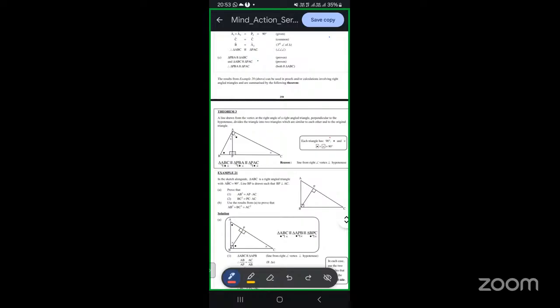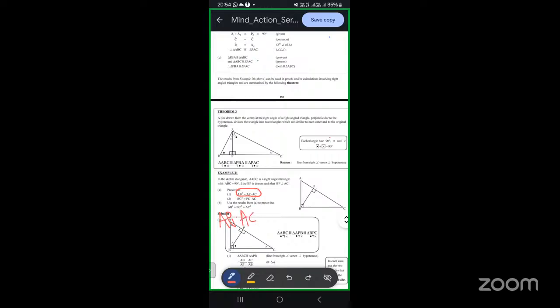We are required to prove that AB squared plus BC squared is equal to AC squared. Because we know what AB squared is in terms of other letters from number 1 here, we can write that AB squared as AP times AC. Why?